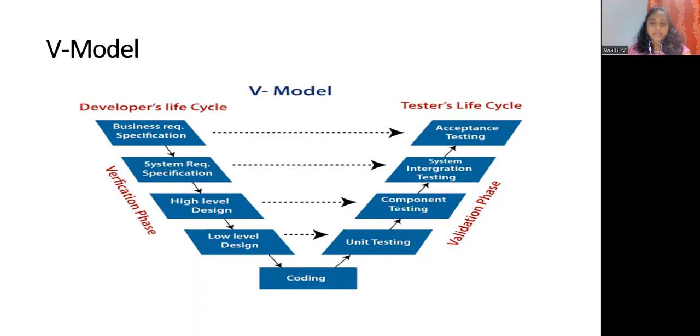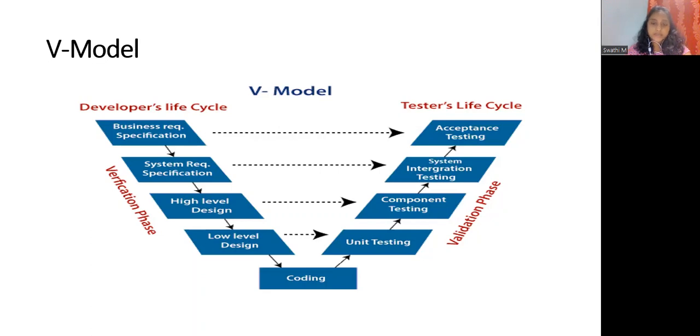So let's move to the next phase, that is the system integration phase or integration testing. Here some plans are developed during the architectural phase, that is architectural design or high level design, where the product was designed at a high level.